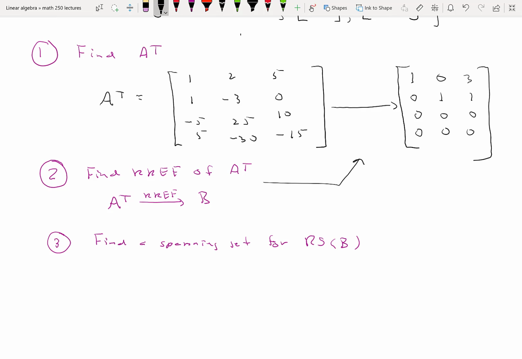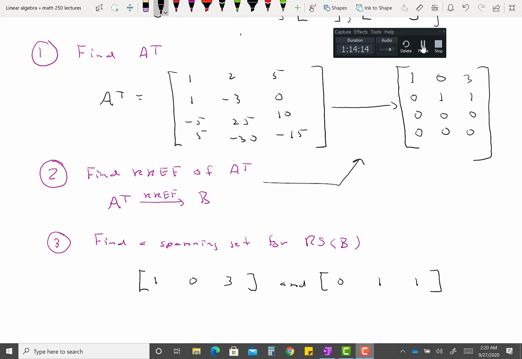Now that we took the transpose, we're back into the row space. The row space of B is the subspace spanned by the rows of B, so a perfectly good spanning set would be 1, 0, 3, and 0, 1, 1.